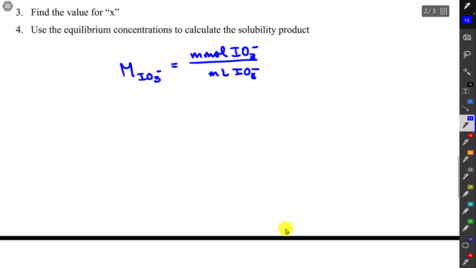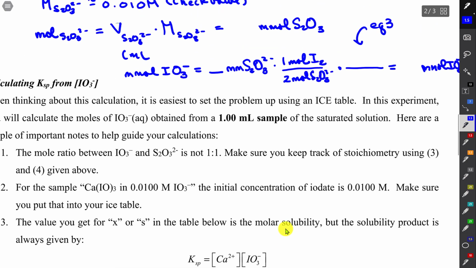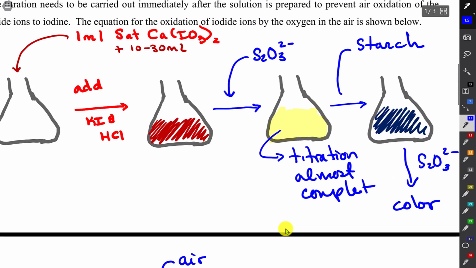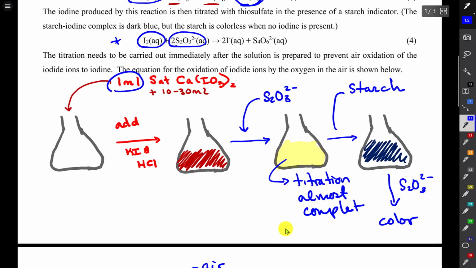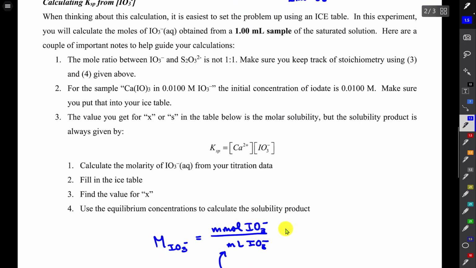Now, when you look at how we did the experiment, that's where you'll find the milliliters of IO3 minus, and that's this value. It's 1.00 mL of saturated calcium iodate solution. So now that you have your millimoles and your volume, you can calculate your molarity of iodate.